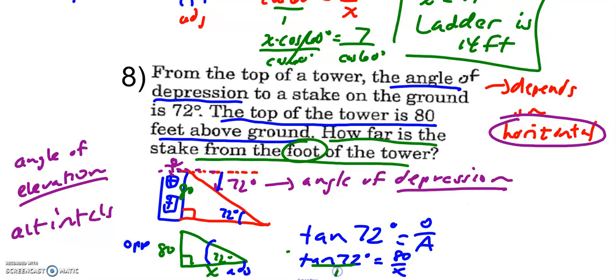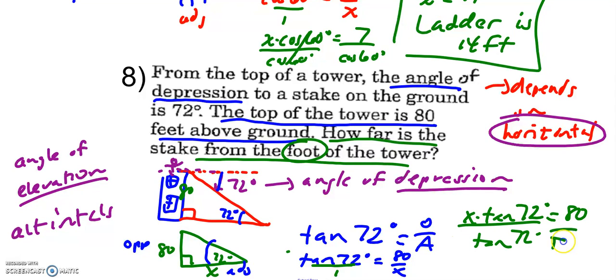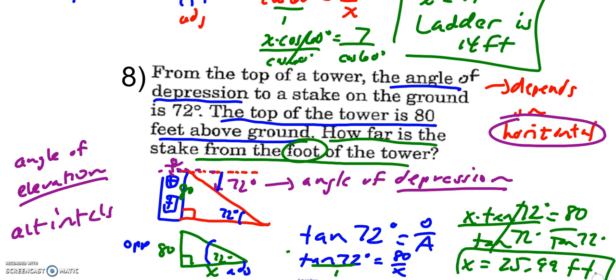This is over 1 again, and get x times the tangent of 72 degrees equals 80. Divide both sides by the tangent of 72. And if you take 80 divided by the tangent of 72 degrees, you would get an answer of 25.99 feet. So that means how far is the stake from the foot of the tower? It is 25.99 feet away.